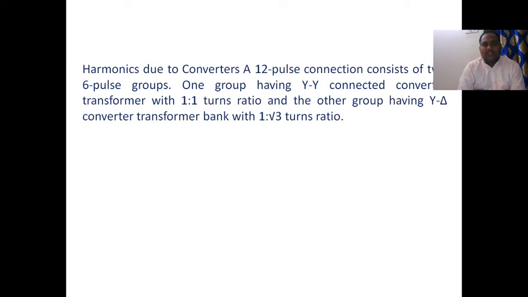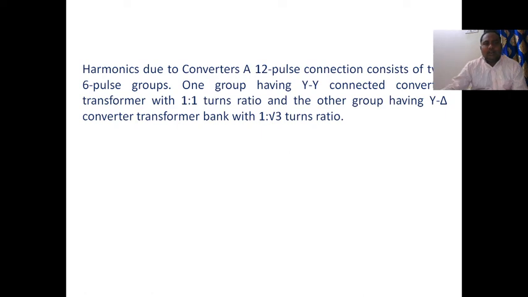Both configurations must be present. Why? Because star to star and star to delta give a phase shift, and only then the two waveforms will add to each other. If both are star to star, there is no adding of waveforms, and that does not produce a 12 pulse output. In order to get a 12 pulse output, you must connect the transformers star to star and star to delta. Then only the phase shift is possible.